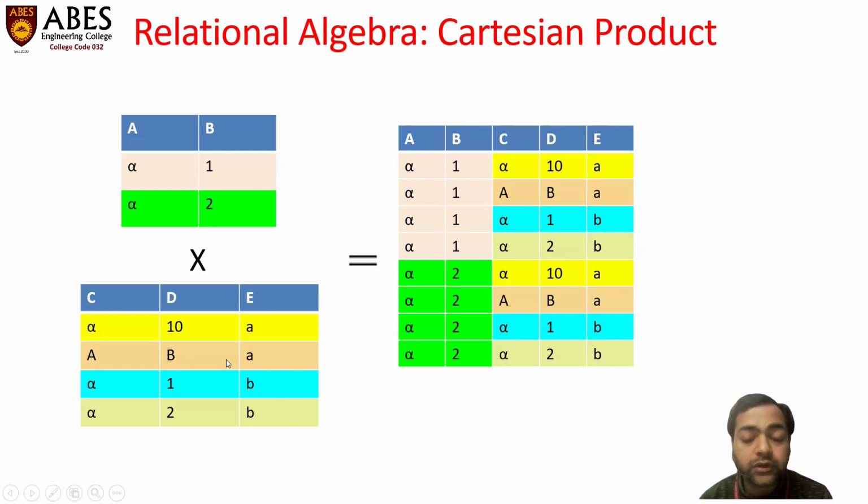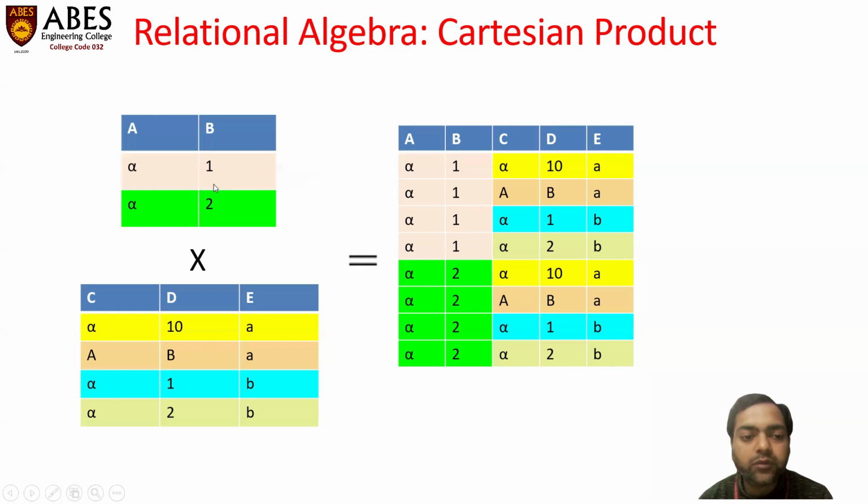Here we have two tuples, and here we have four tuples. When we apply this cross product or Cartesian product, as we discussed, if R1 has m tuples and R2 has n tuples, then the resultant relation has m into n tuples.